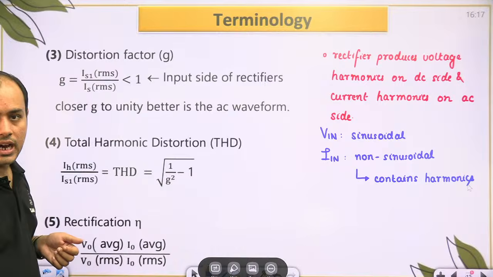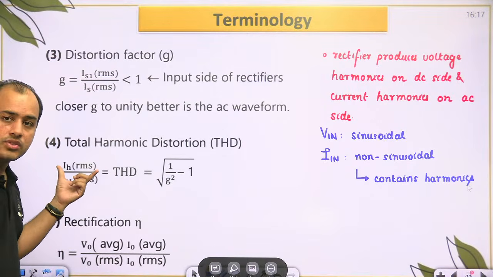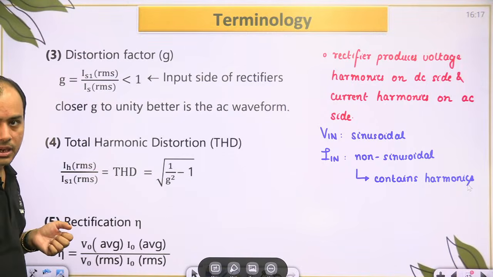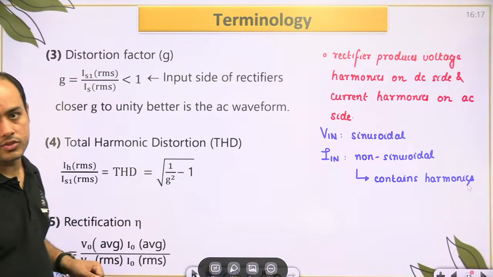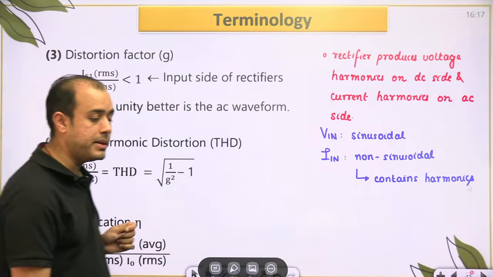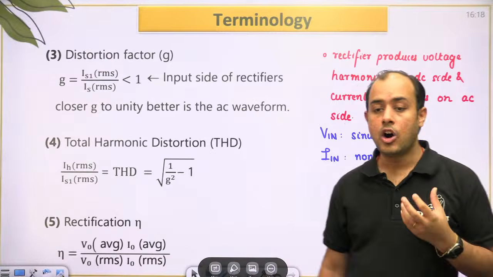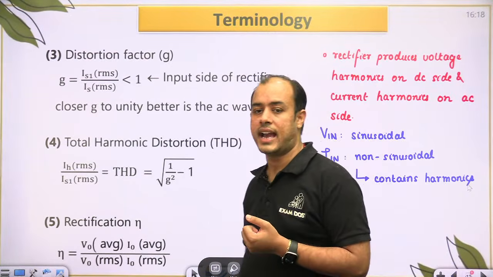Next is the total harmonic distortion. Total harmonic distortion means the RMS value of all the harmonics divided by the RMS of the fundamental. The formula is under root 1 by g square minus 1. Then rectification efficiency. It means, at the output of the rectifier, how much power is contributed by the DC or the average.